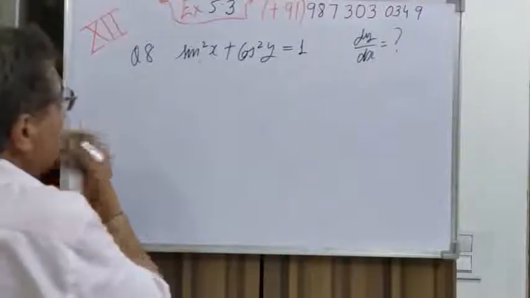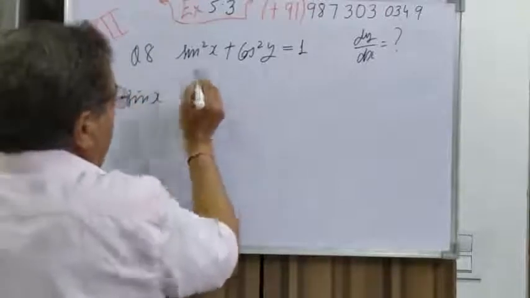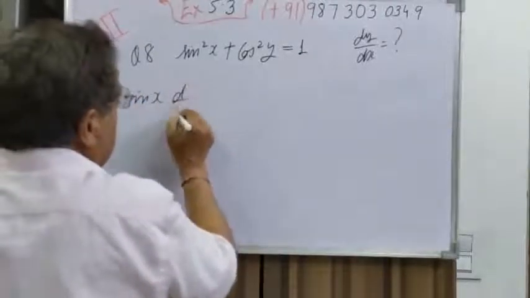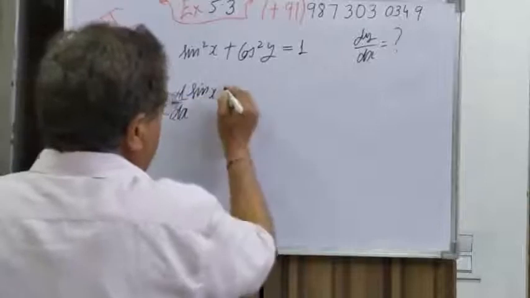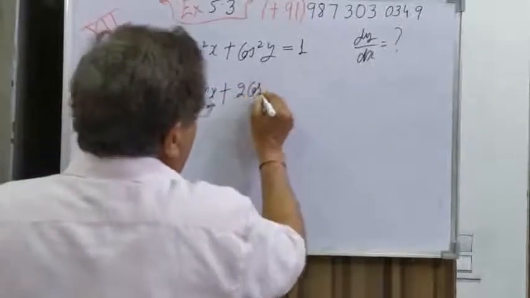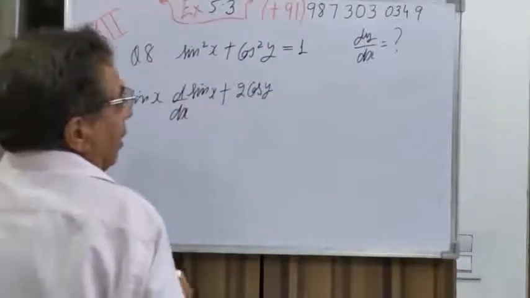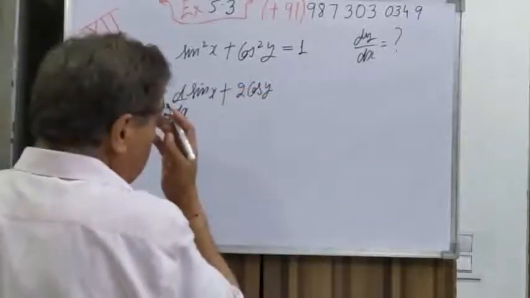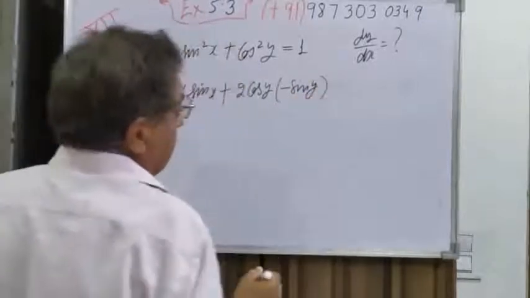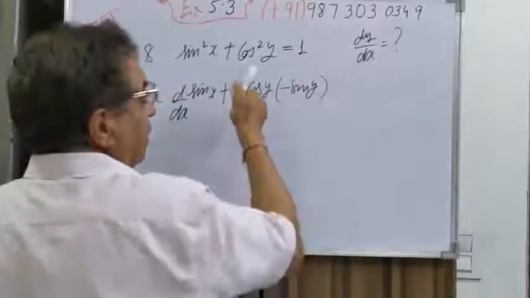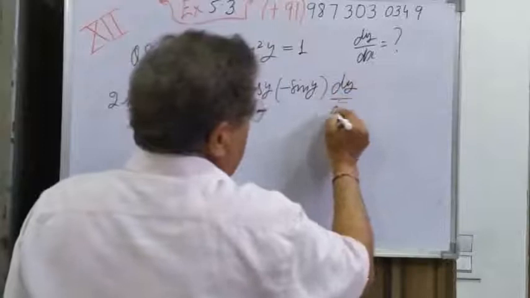So first of all, I will differentiate sin square x. We get 2 sin x, by the chain rule, times the derivative of sin x, plus 2 cos y into the derivative of cos y, that is minus sin y, and then further along the chain we come across y, that is dy upon dx.